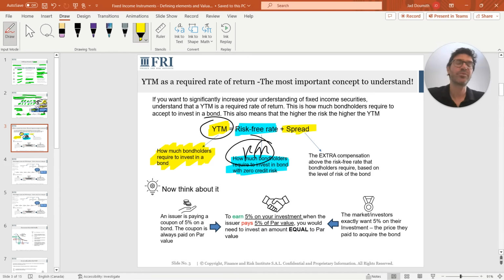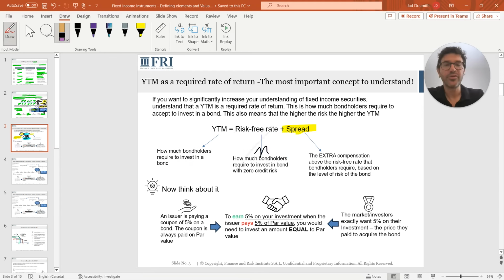In reality, it's compensating you for additional credit spread and additional liquidity spread compared to a risk-free instrument. The yield to maturity on any bond can be decomposed this way, and it would really be super helpful to understand it from the start. Now, of course, if you buy a risk-free bond, then the yield of that bond is the risk-free rate.